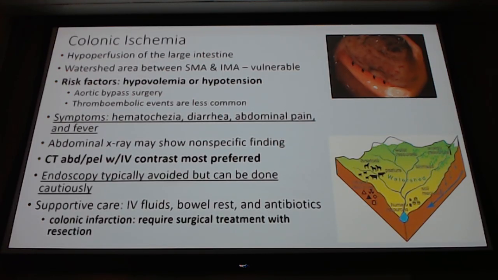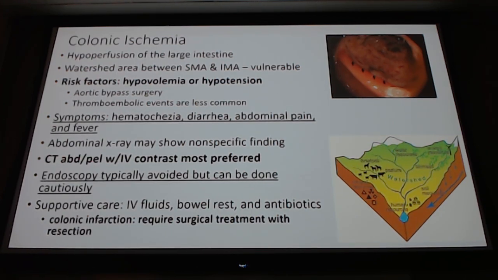Okay. If they bleed, if they are in any sort of severe hemorrhagic shock, they are at risk for ischemia of their bowel. Okay. You may have hematochezia, diarrhea, abdominal pain, and fever. Abdominal X-ray is not going to really show much.